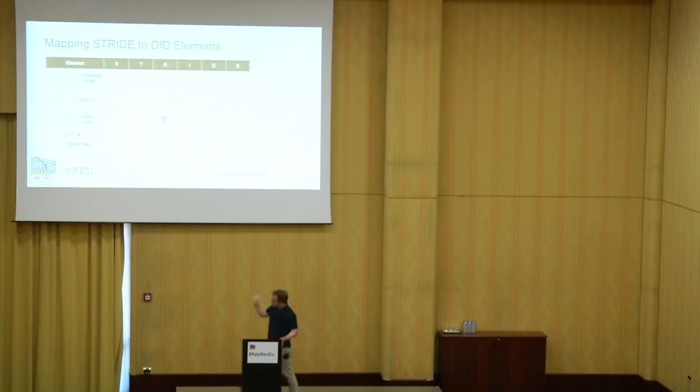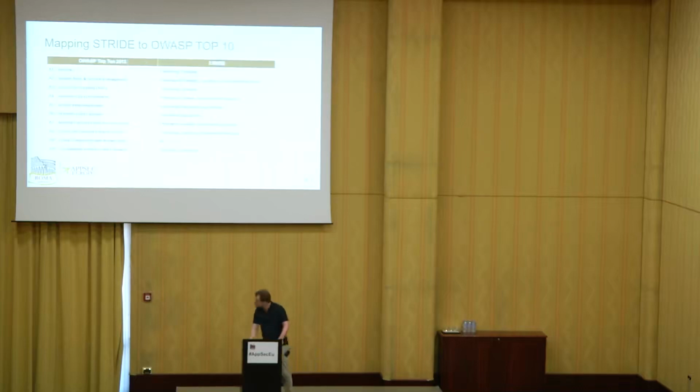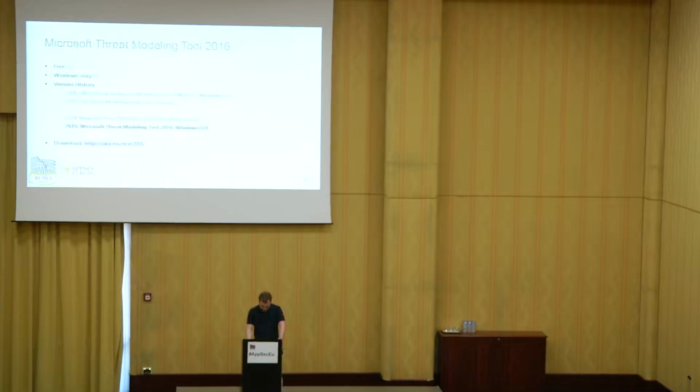That's basically what this mapping tells us. And there is a way to map this back to, for instance, the OWASP Top 10, but it's not very clear. For instance, cross-site scripting, what is it? It's tampering, spoofing, it can be everything, right? So don't spend too much time thinking about this, but they are kind of relevant to each other.